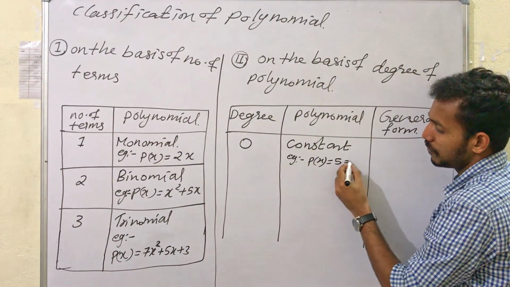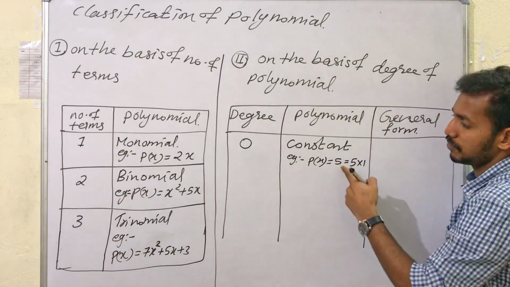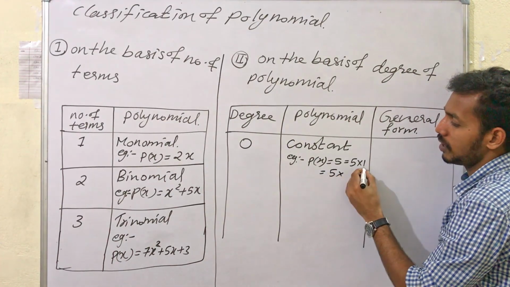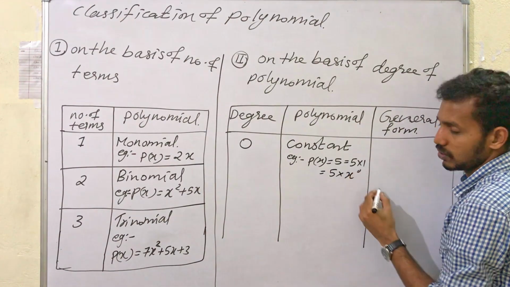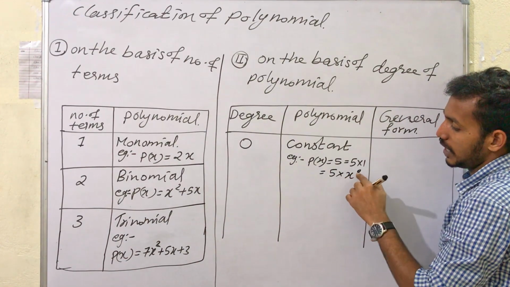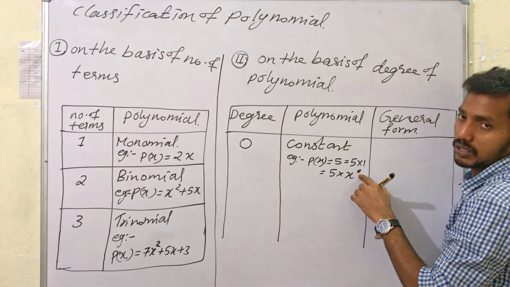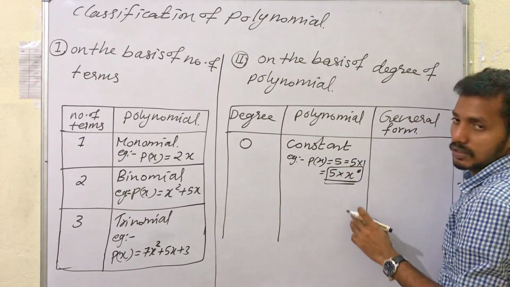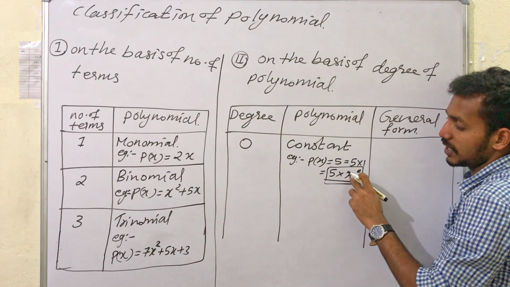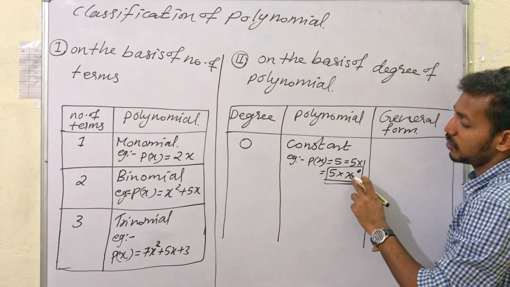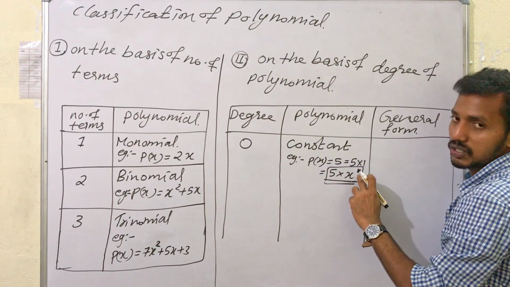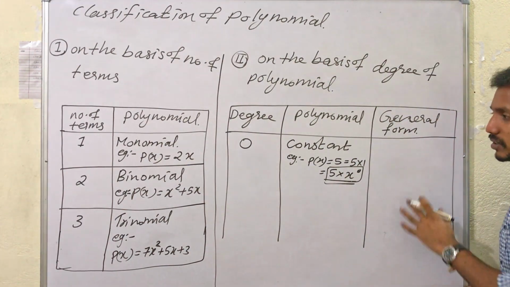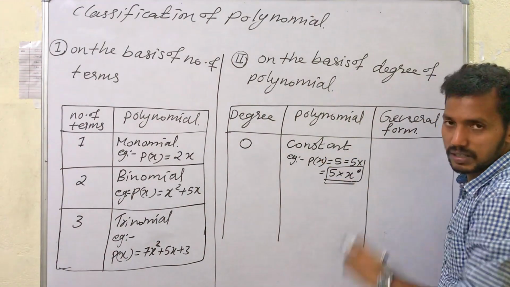Because we can write 5 as 5 into 1, and 1 can be written as x to the power 0, because any real number with the power 0 becomes 1. So 5 is 5 into x to the power 0. So it is a polynomial with degree 0. Highest power is 0. There is no general formula because it will be a constant.